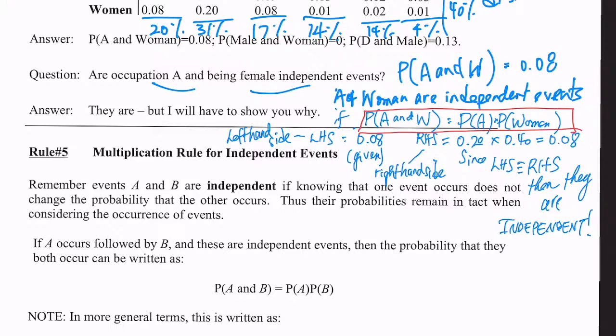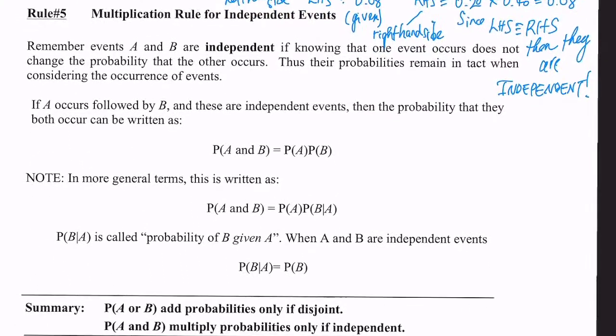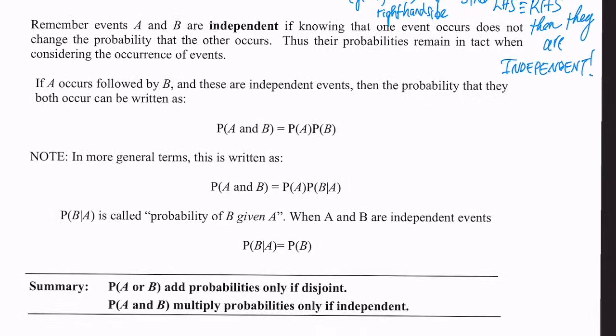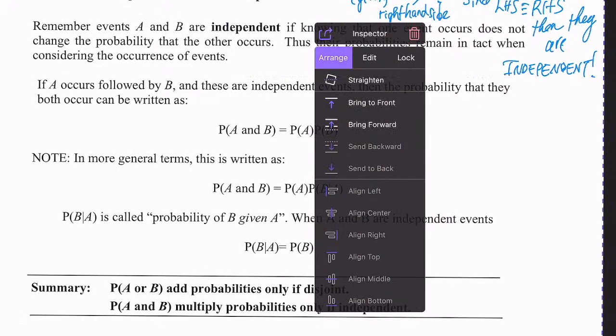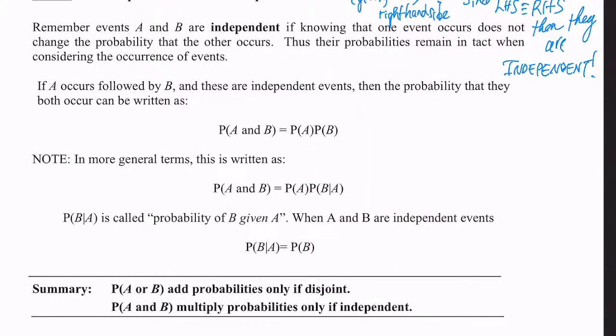And then we get on to the last rule. But first I just want to say, remember we write this, but because it doesn't matter that A happens, it doesn't change the probability of B. This reduces to this expression.